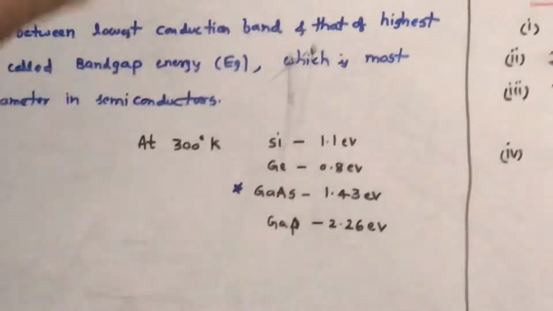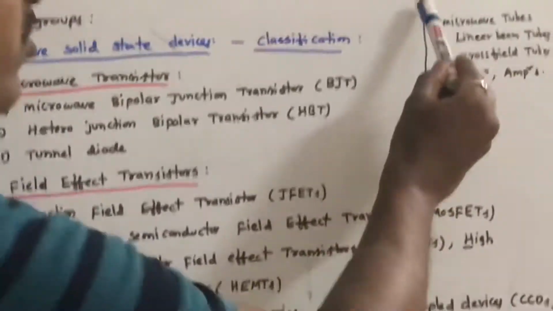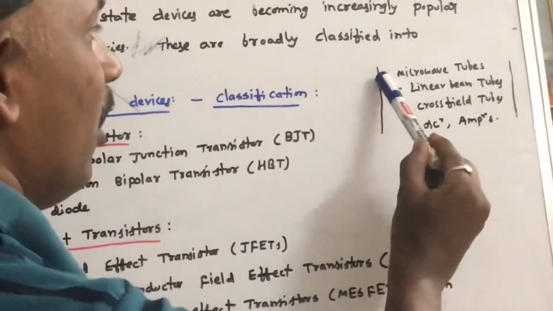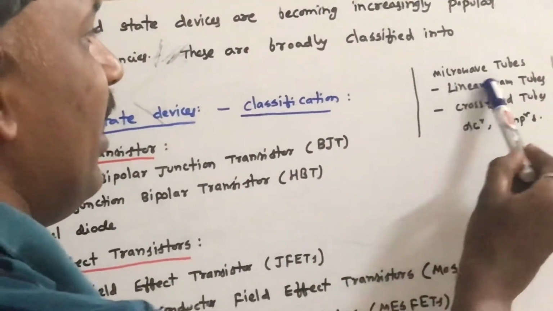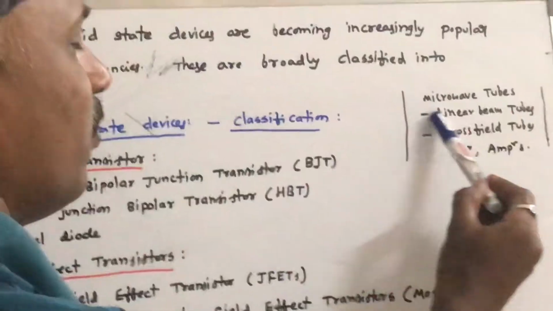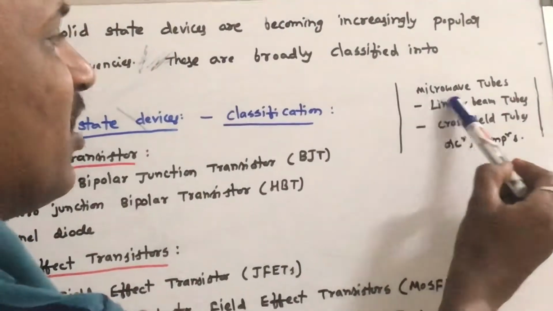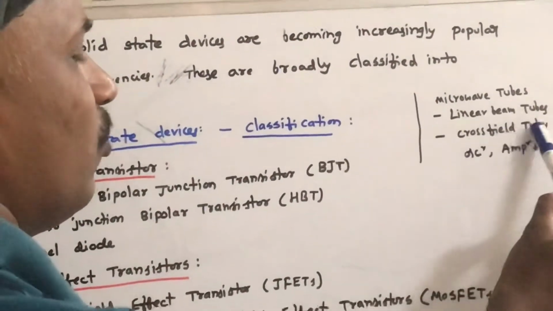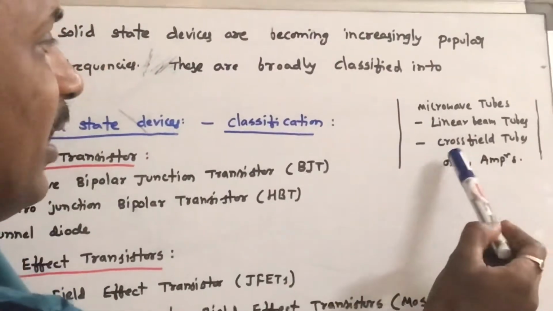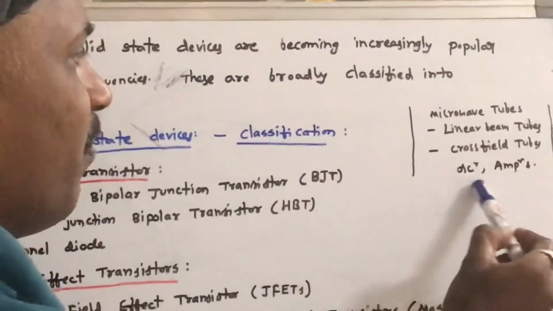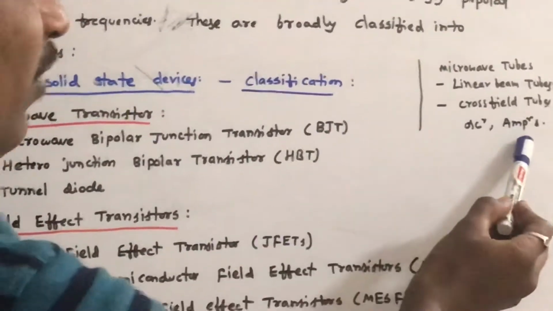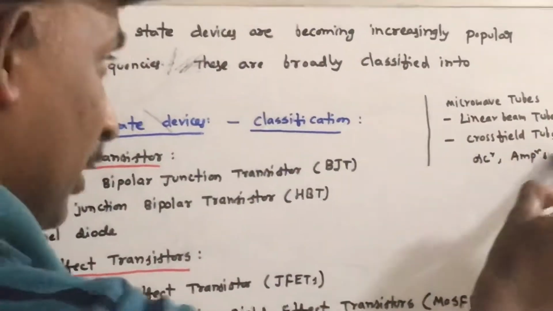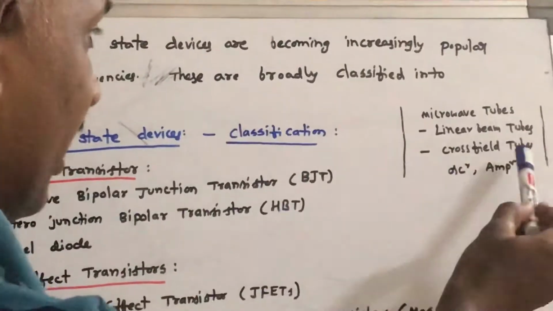In this microwave subject we have already seen microwave tubes. Microwave tubes are basically classified into two kinds: linear beam tubes, in which we have the two cavity klystron and reflex klystron, and cross field tubes, in which we have seen the magnetron, etc. All these microwave tubes can be used as either oscillators or amplifiers, which we have discussed in microwave engineering.